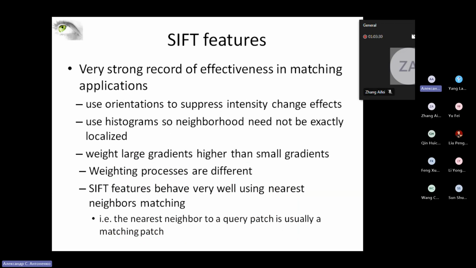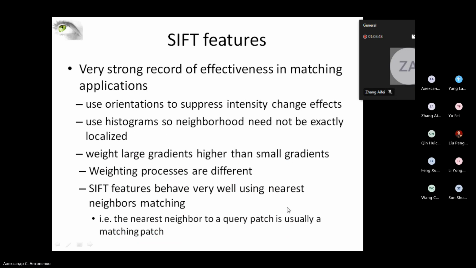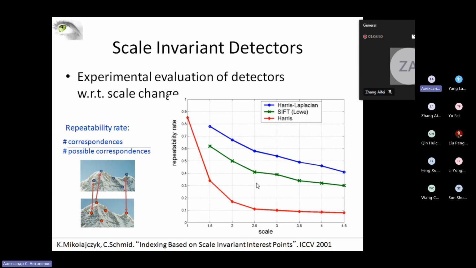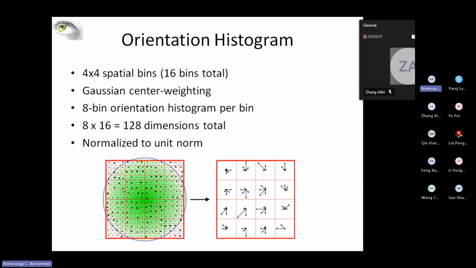In such a form, we obtain the final result by taking all these histograms, normalized, rotated relative to the main keypoint, such that we obtain this descriptor.